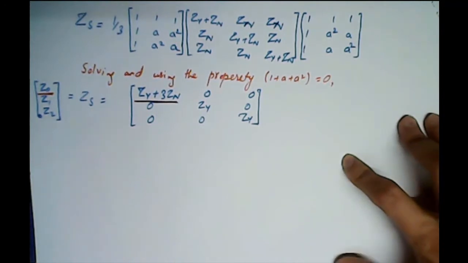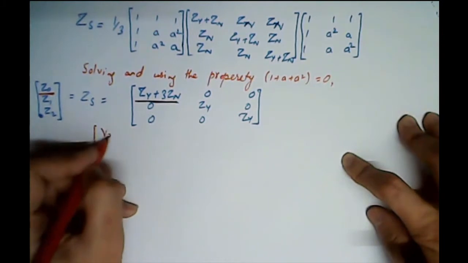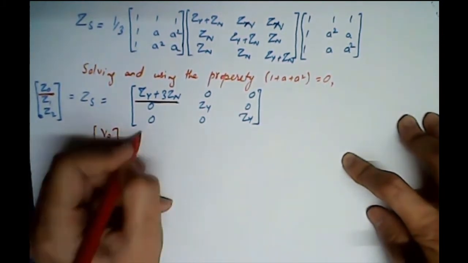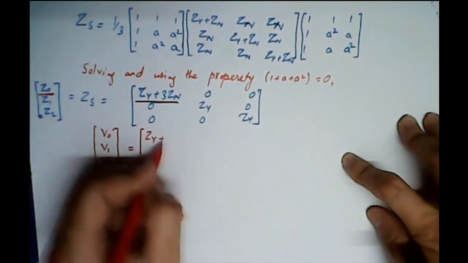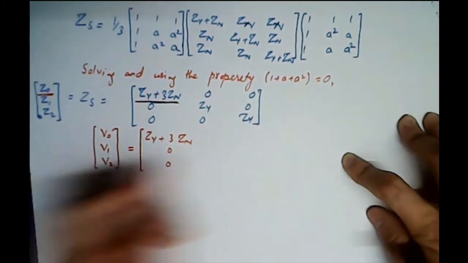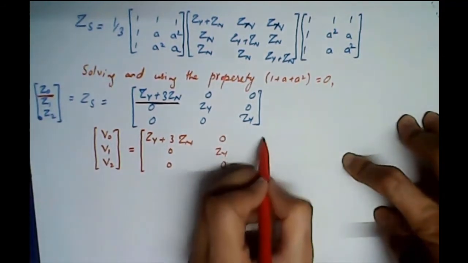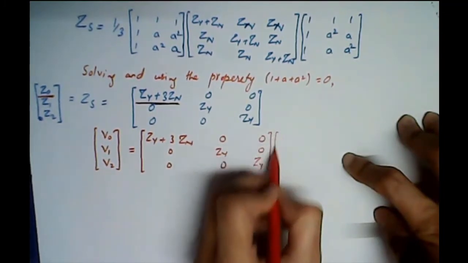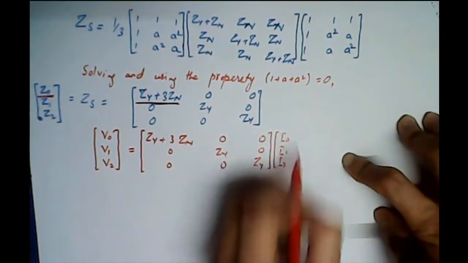Clear? So now our equation will become V0, V1, V2 equals Zs, which is Zy plus 3Zn, 0, 0, 0, Zy, 0, 0, 0, Zy, times I0, I1 and I2.